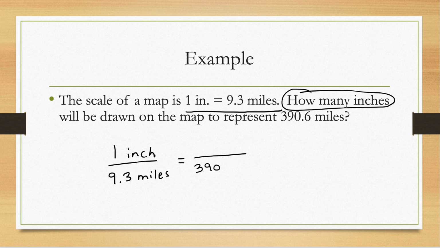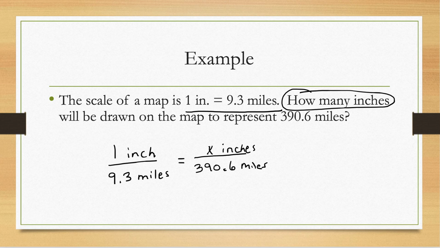So the 390.6 needs to go on the bottom as well. You want both of the inches on the top and both of the miles on the bottom. You need that consistency in the units. Okay, so how many inches? That is my x. So we're going to be solving for x inches.